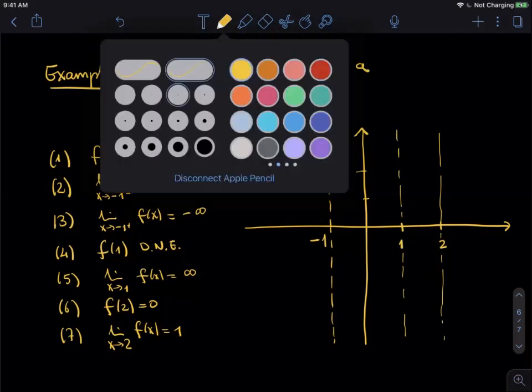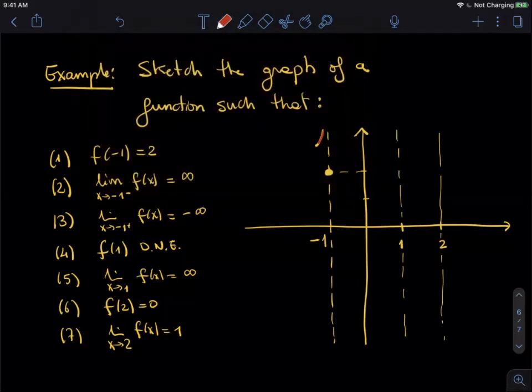Let's use a different color. There we go. That would be condition 2. This would be condition 1. Then when x tends to -1 from the right, that's condition 3, the limit is negative infinity.